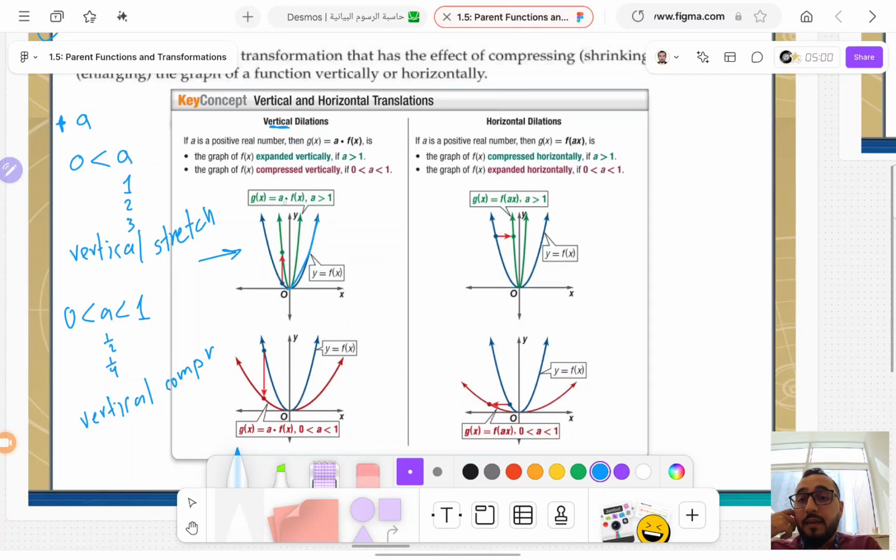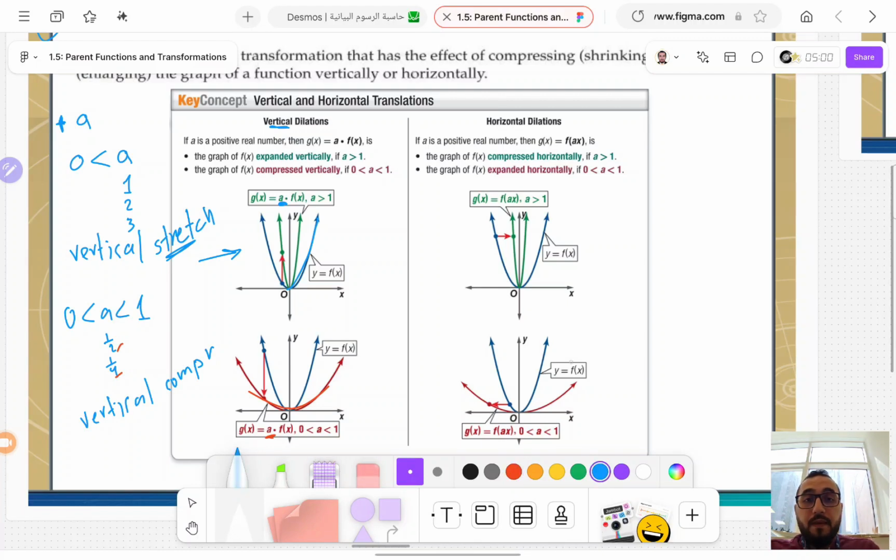If we multiply A with a whole number, it becomes a stretch. When we multiply A with a fraction, 1/4, 1/2, or whatever, the function compresses. So this is how we can differentiate between vertical stretch and compression.